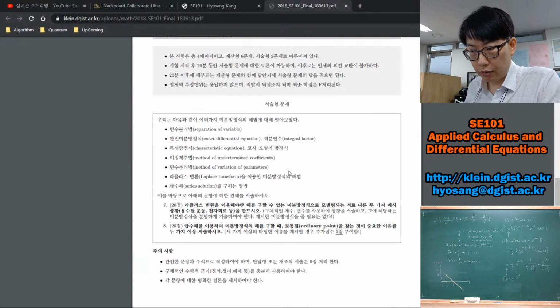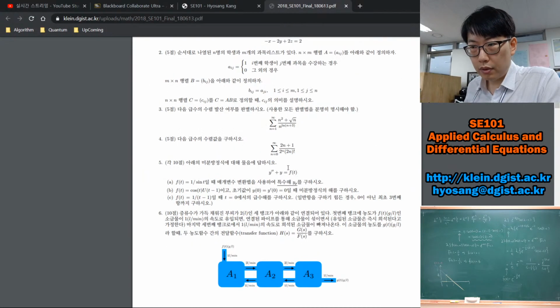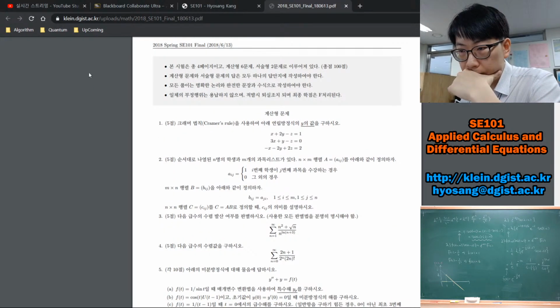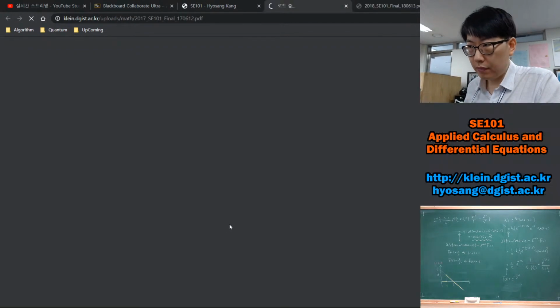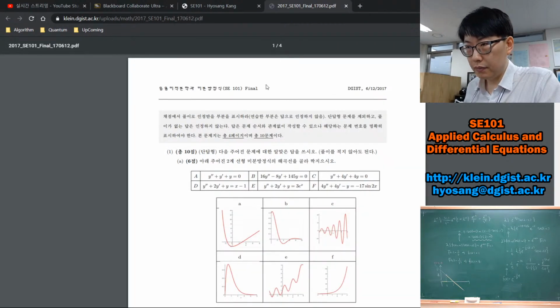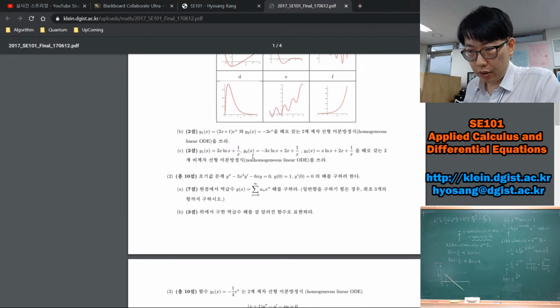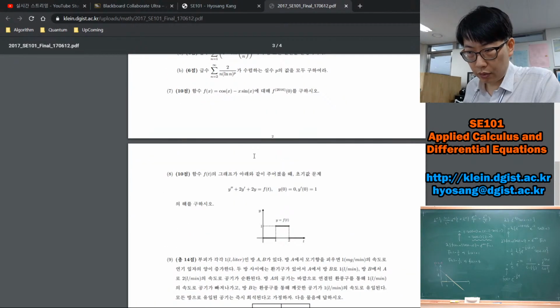Where's the Laplace transform? Okay, not this one. I want the questions which ask for a Laplace transform only.